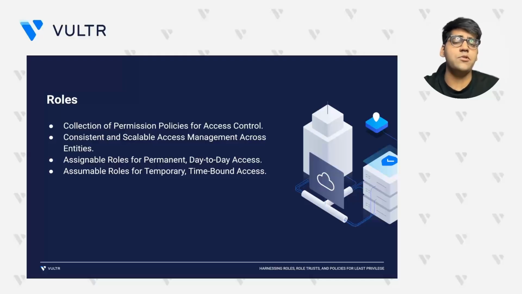There are two types of roles: assignable roles, which provide permanent day-to-day access by being directly attached to users, groups, or service users, and assumable roles, which provide temporary, time-bound access through controlled sessions. The distinction allows you to handle both regular access and elevated privileges in a secure and structured way.